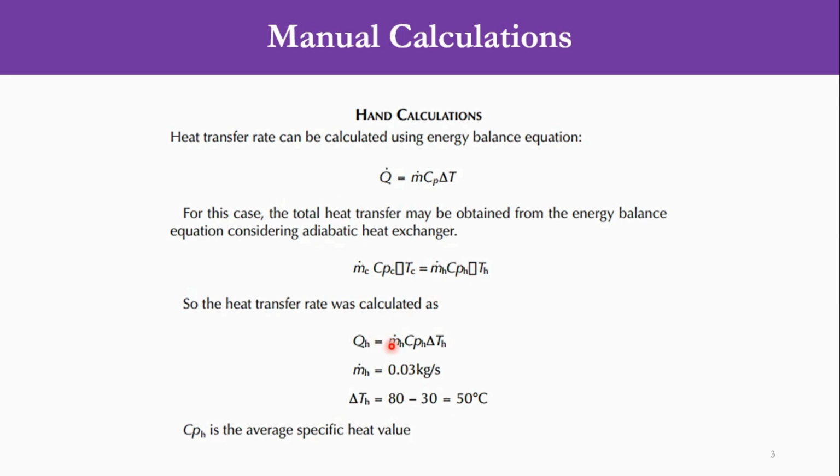Now we know the mass flow rate of the hot side is 0.03 kg per second. The delta T of the hot side is 50 degrees centigrade, as the inlet temperature is 80 degrees centigrade and the outlet temperature is 30 degrees centigrade. For Cp, we will take the average of the inlet and outlet. So we need to know the Cp at the inlet, which is at 80 degrees centigrade, and then at the outlet, which is 30 degrees centigrade.